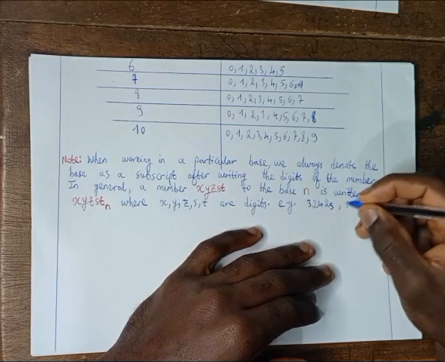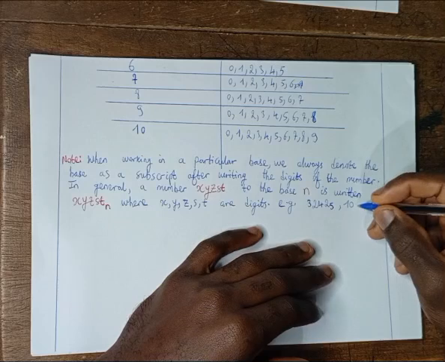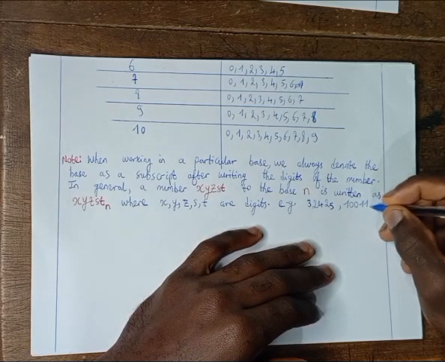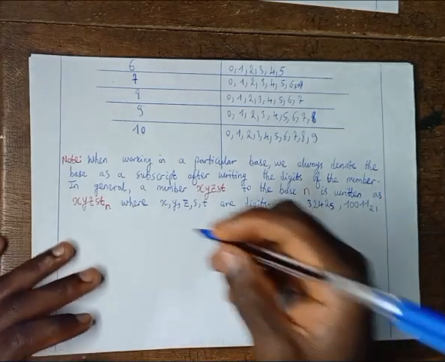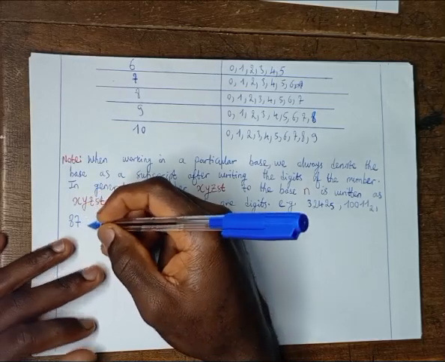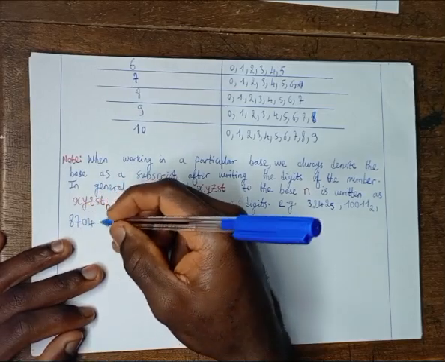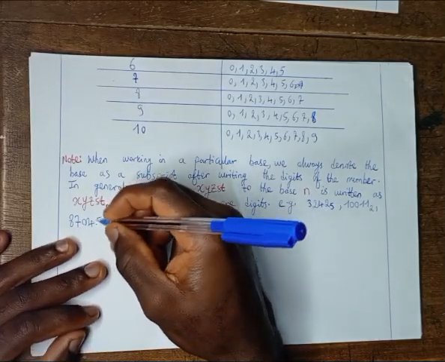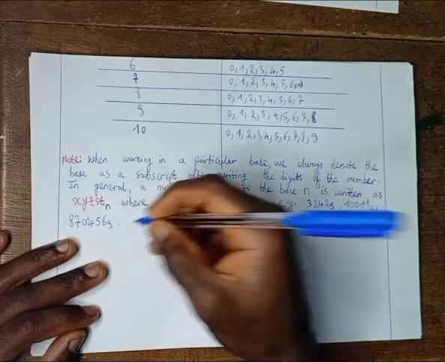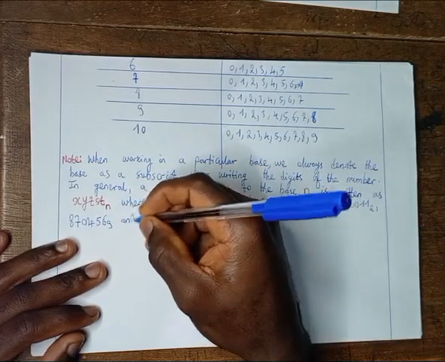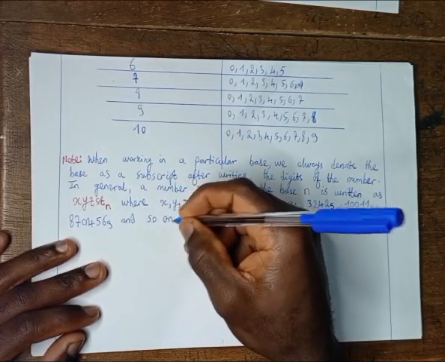I have another number as such 1, 0, 0, 1, 1, which is in base 2. And I have another number as such 8, 7, 0, 4, 5, 6, which is in base 9, and so on.